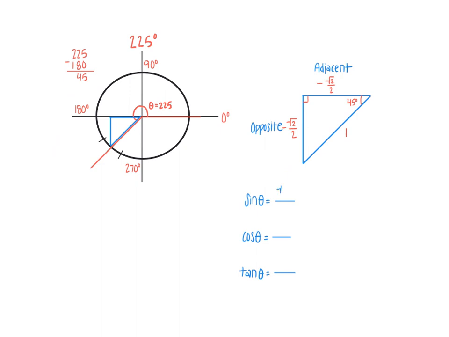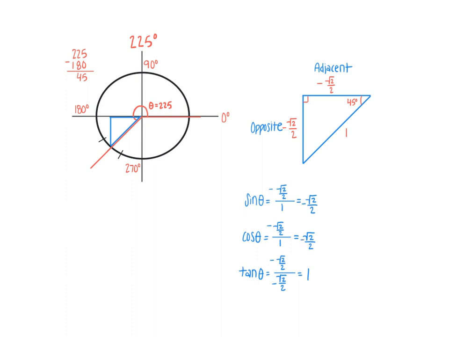So this is going to be the square root of 2 over 2, over 1. My cosine is always equal to adjacent over hypotenuse. So this is going to be the square root of 2 over 2, over 1. And then tangent is always equal to opposite over adjacent, which is the square root of 2 over 2 over the square root of 2 over 2.